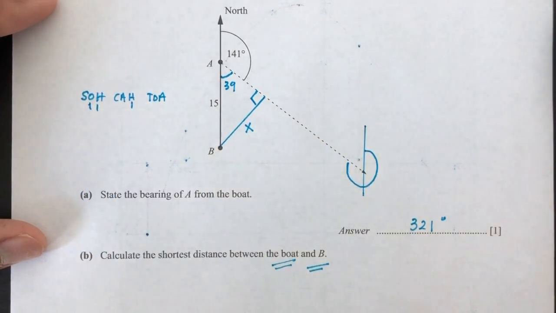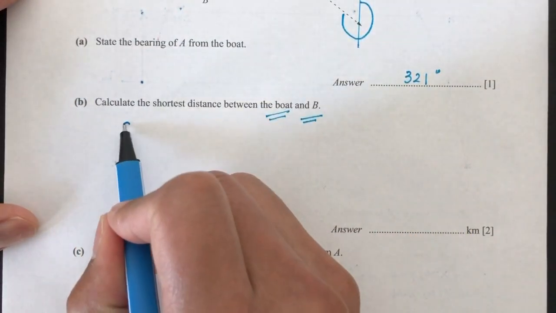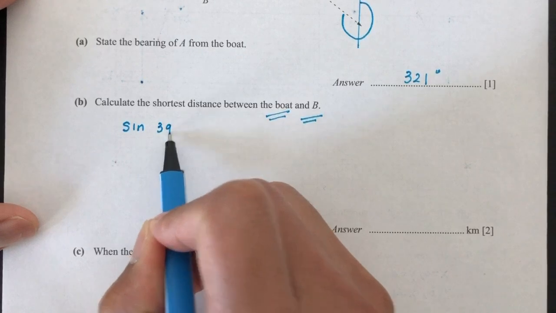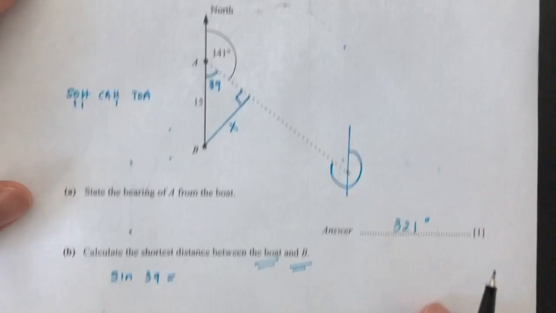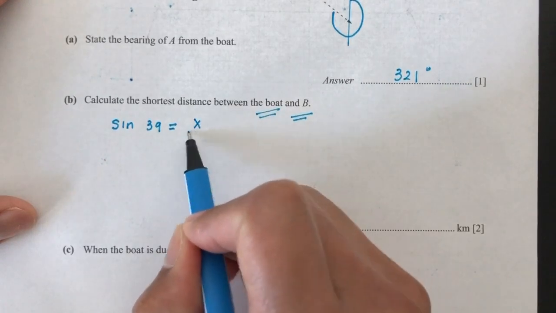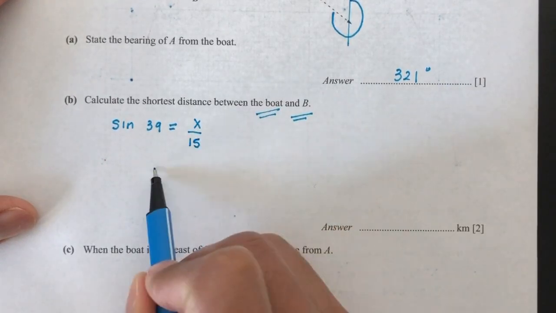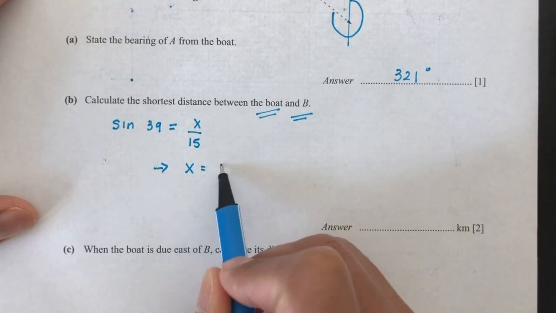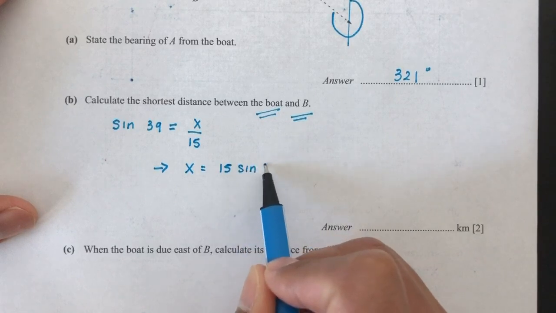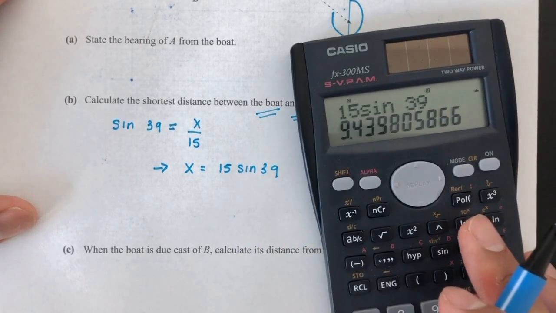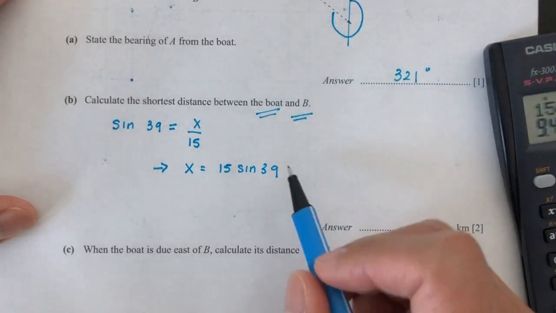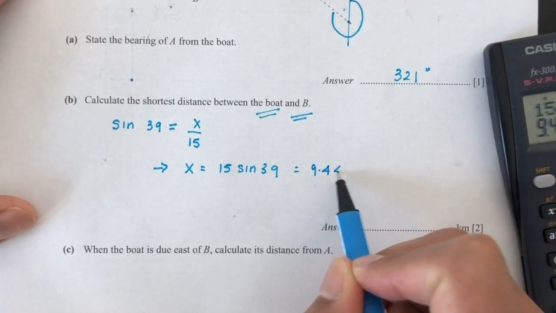So we have to use sine. So sine of the angle 39 is equal to the opposite side over the hypotenuse. So x over 15. So from this we have x equal to 15 sine 39. That will be 9.44. That will be your answer for this one.